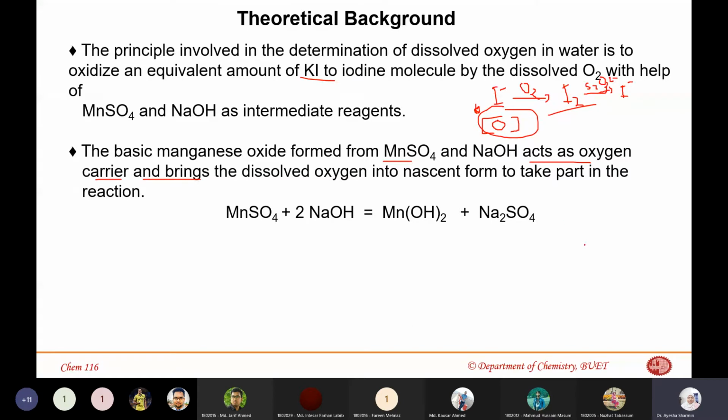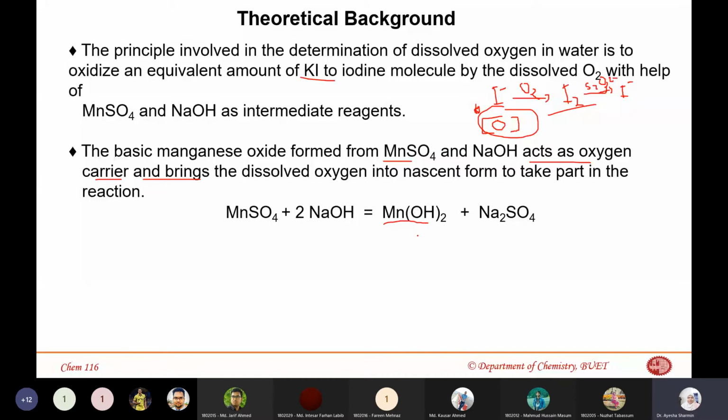But what you are having here is manganese hydroxide. What kind of compound is this? Is it soluble or what? Hydroxides, I don't know if you have seen the solubility rules. Ionic hydroxides are not soluble unless you have a specific cation with them, like sodium hydroxide, the alkali metals, which are all soluble.